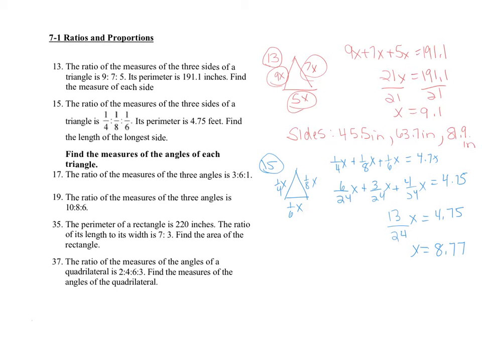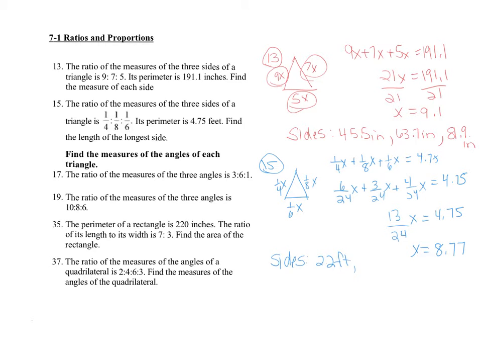But now I have to look at the measurements of my sides and find the longest side. If I take 1/4 of 8.77, that is going to give me 2.2 feet.